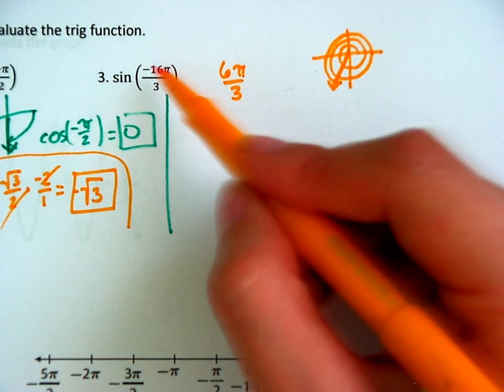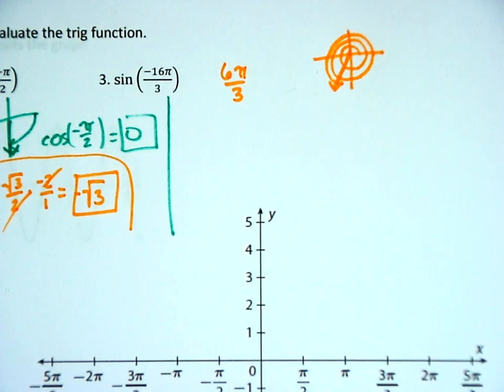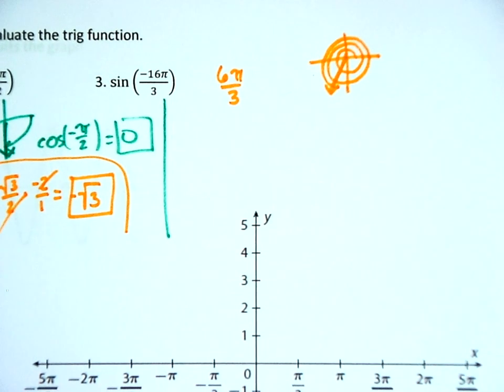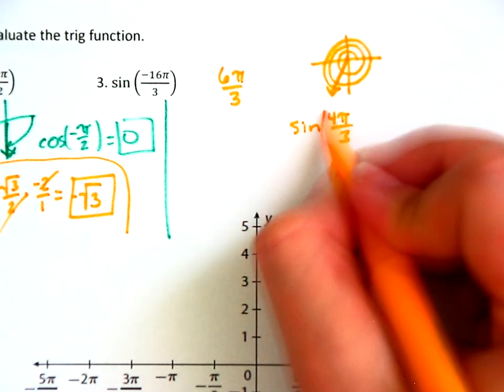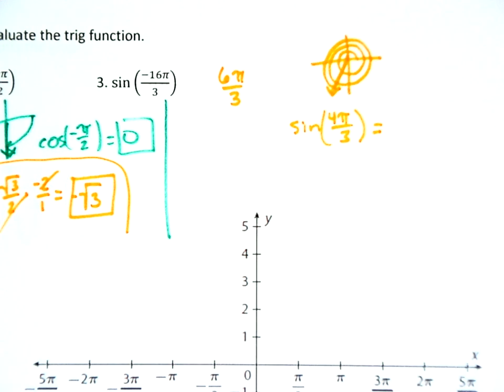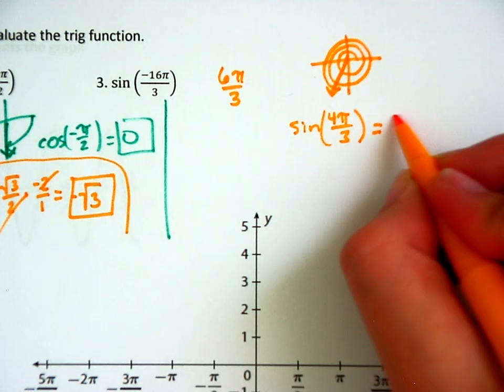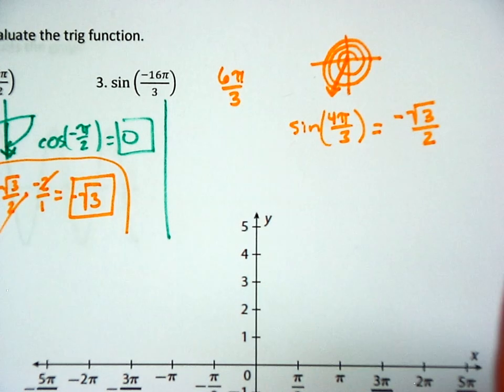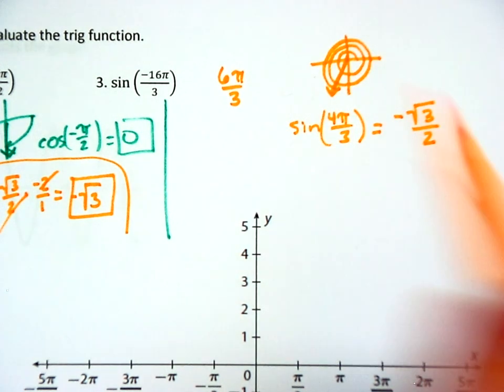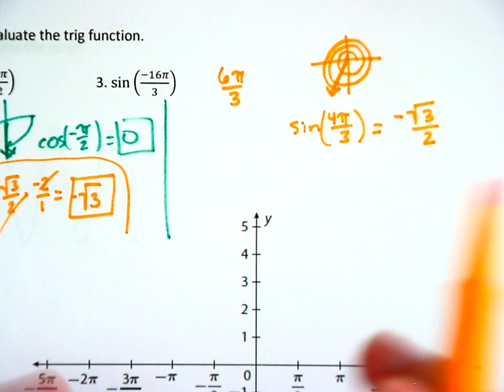We'll ignore the negative for a moment. So what I'm really trying to find is sine 4 pi over 3. Well, again, that's a value we have on our unit circle. So sine is going to be negative root 3 over 2. And then all I have to do is change the negative to positive or keep it.